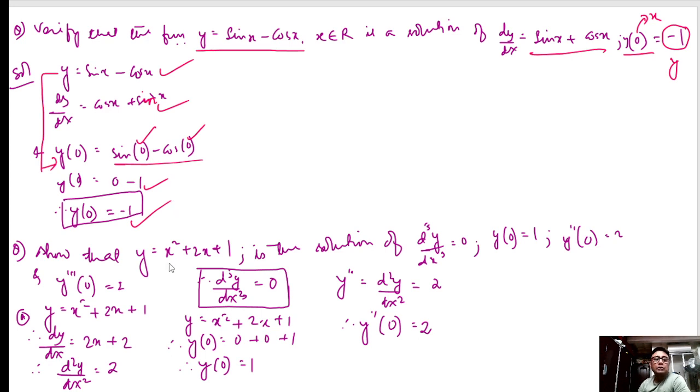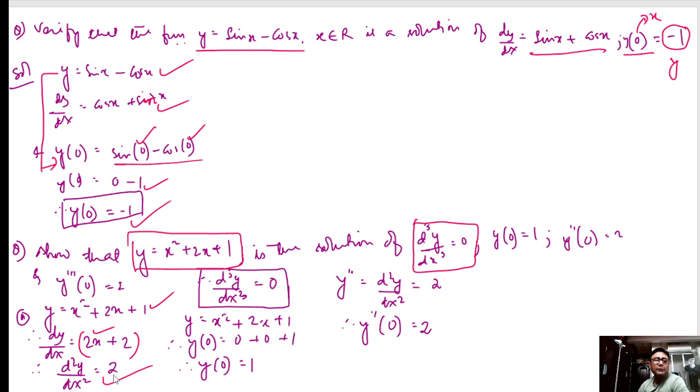Next is show that this equation is the solution of this. That means the differential equation is coming to this. So let us first do the differentiation of this. This is the first time and this is the second time.